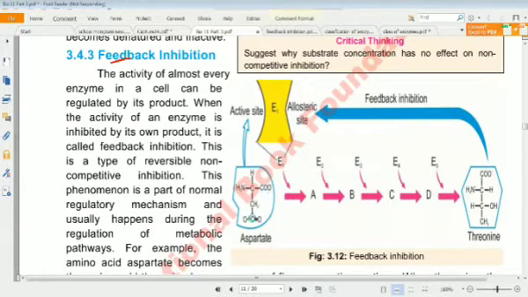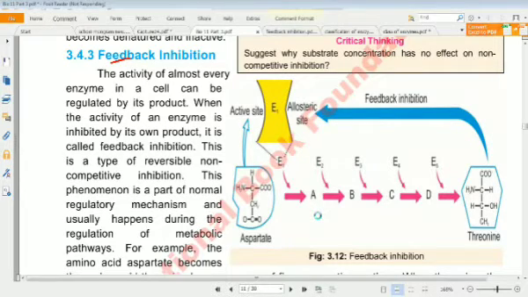It acts on this amino acid aspartate, and this aspartate will change into the amino acid threonine, but it carries on lots of intermediate reactions. So it does not go directly from aspartate to threonine.